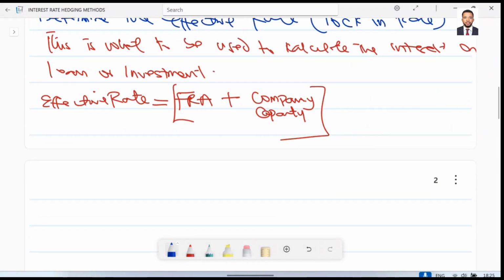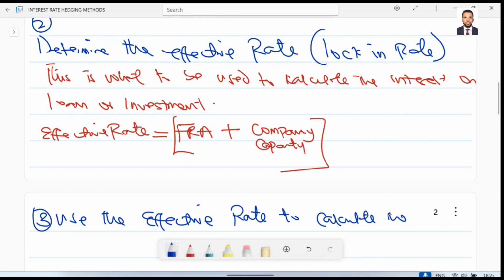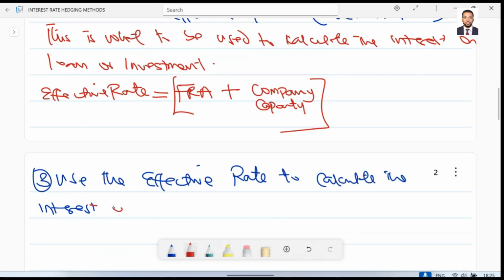Step number 3, use the effective rate to calculate the interest on the loan. Please, who has the combined part finder?